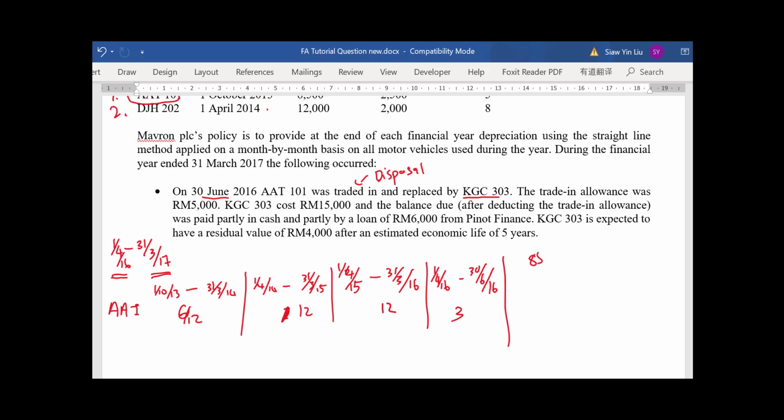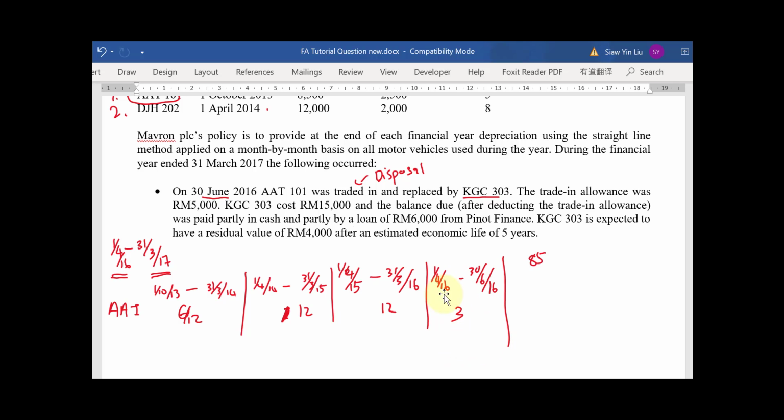But because this year you are going to sell it on 30th of June 16, you cannot reach 17. Instead of 17, you will stop at 30th of June 16. So you use only 6 months in the first year, and then 12 months, one whole year, in the second year, one whole year in the third year, and this year you only use 3 months.